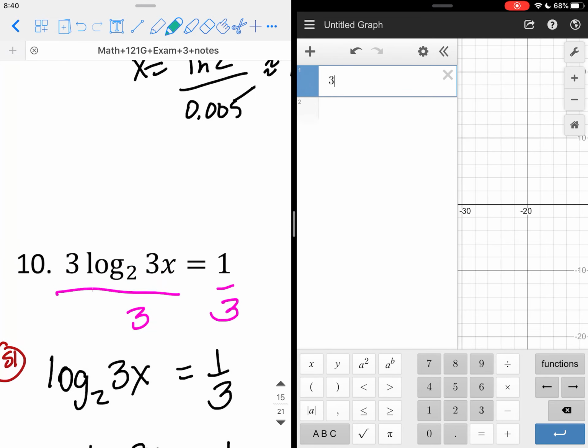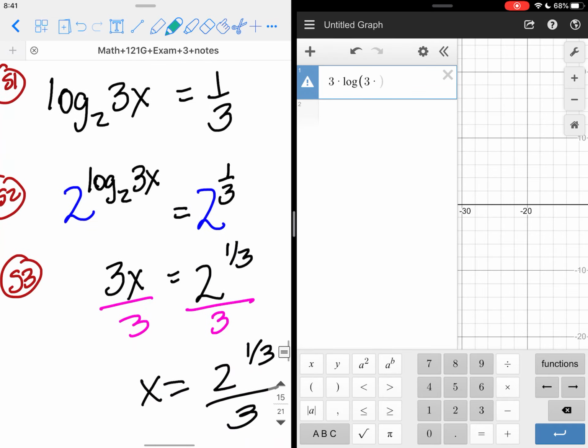So let's see. Let me do 3 log base 2 of 3x. So it's going to be 3 times, I'm going to use the change of base formula. It's going to be the log of 3 times, and what was x?